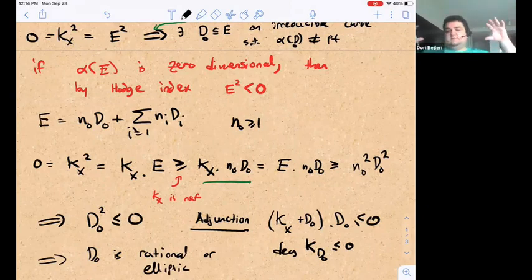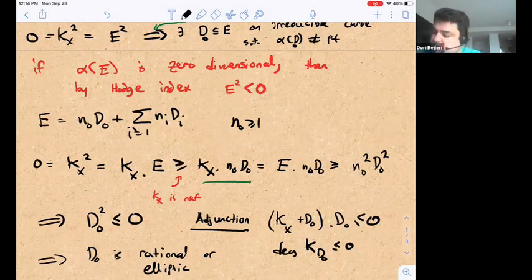Okay, so we found some curve that's sitting inside of the ramification divisor of our Albanese map, and that's not contracted to a point by the Albanese, and it has low genus.